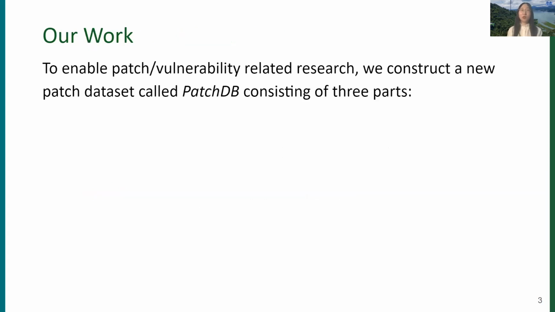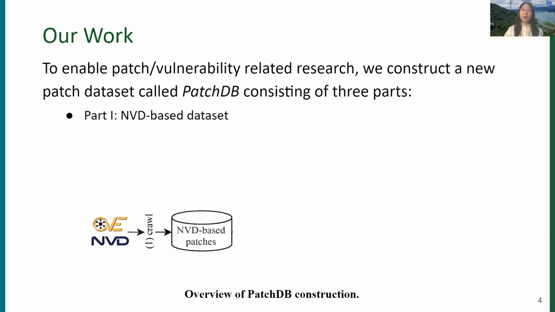So in our work, to enable patch or vulnerability-related research, we construct a new patch dataset called PatchDB, including 3 parts. The first one is a dataset constructed by crawling all the related hyperlinks from the National Vulnerability Database.